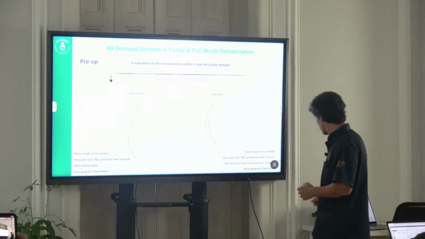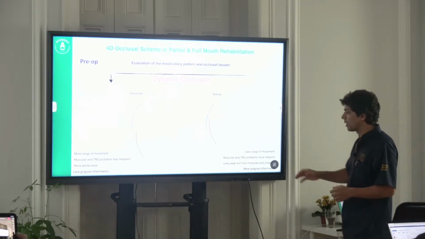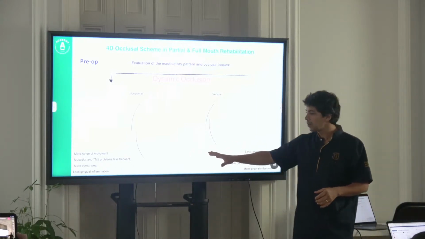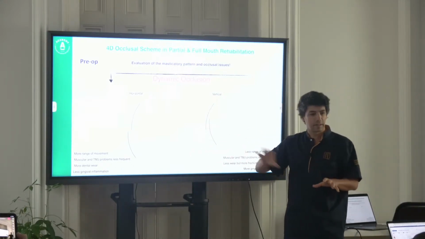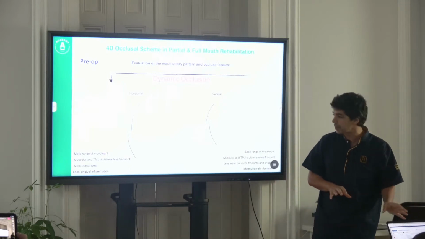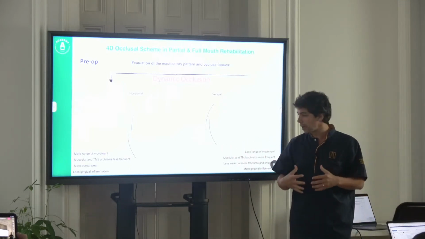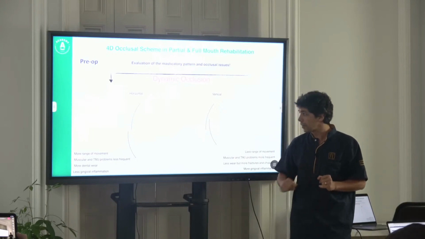Well, in the horizontal pattern, we have a greater range of movement, okay? And we have muscular and TMJ problems, which are less frequent. We have more dental wear and less gingival inflammation.